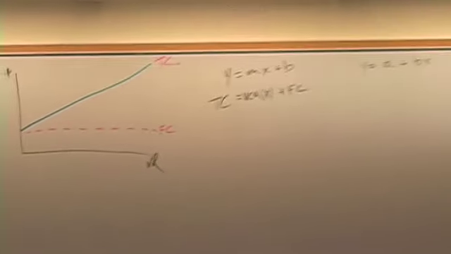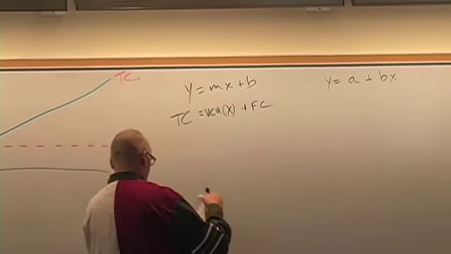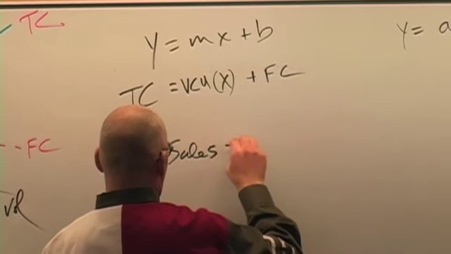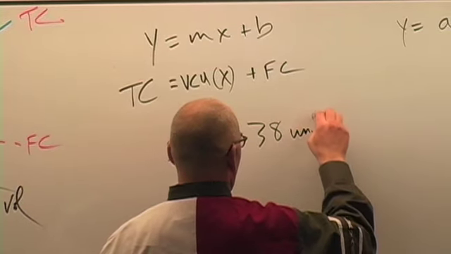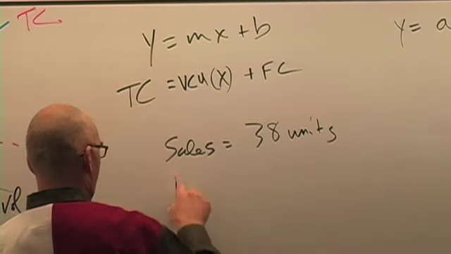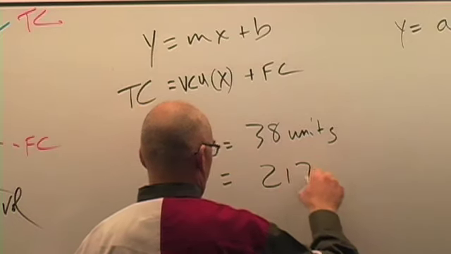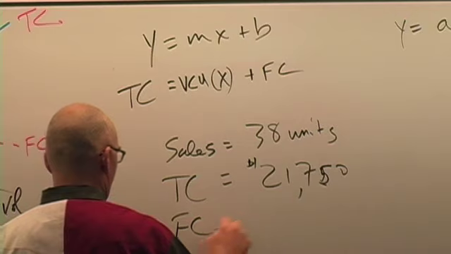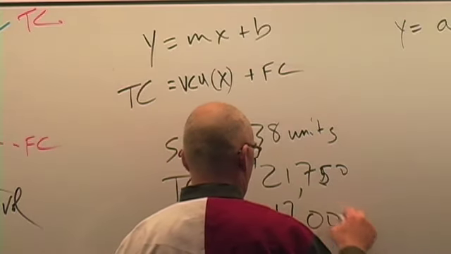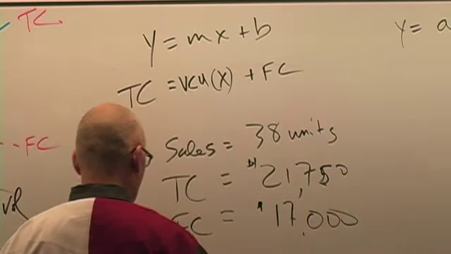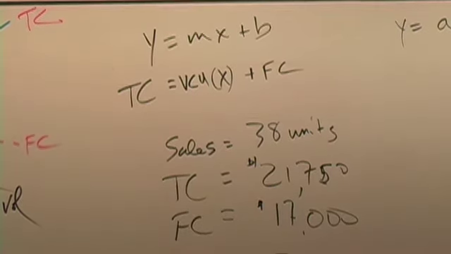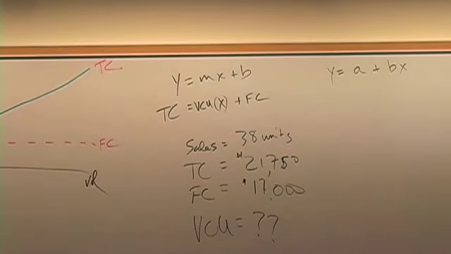Now, on your mark, set, go. Now using that formula, do a little algebra, calculate variable cost per unit.